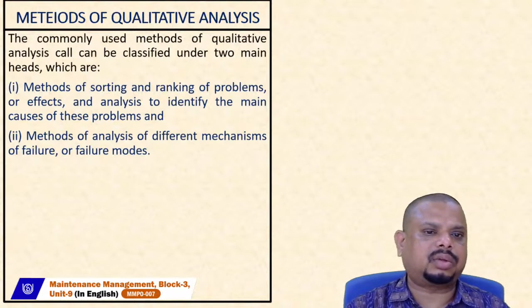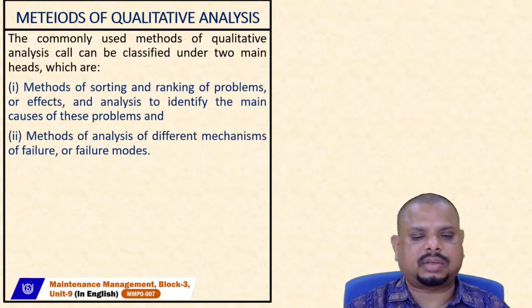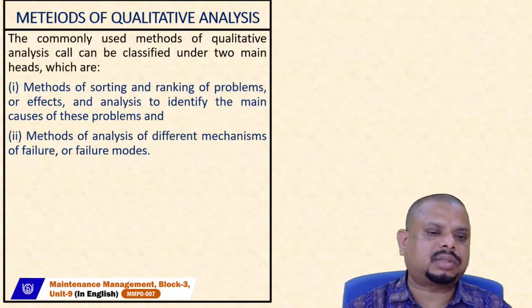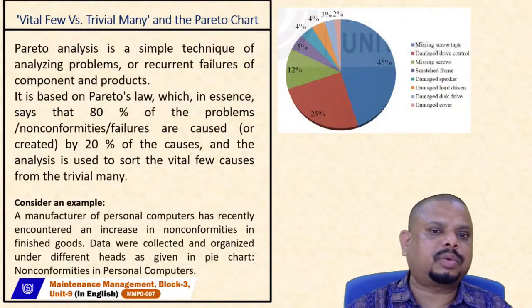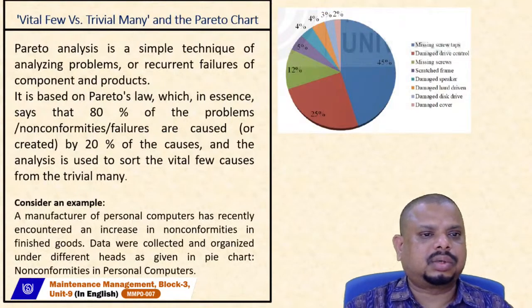This is one head with reference to qualitative analysis. And the second one is the method of analysis of different mechanisms of failure. So here we are basically using root cause analysis, fishbone analysis and cause-effect analysis. So let's understand with the help of some examples. Here is the example that is known as Pareto charts.